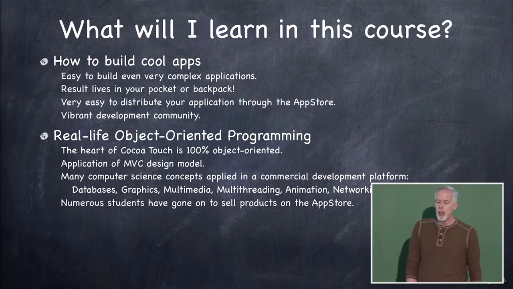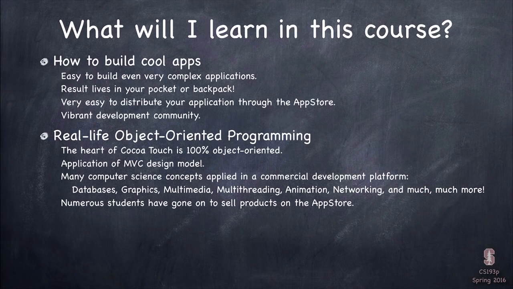That's why you're here. Another thing you're going to get out of this class is real-life object-oriented programming. iOS is entirely object-oriented in its design. All the writing of code you have to do is object-oriented programming. And you're really going to get the experience of building a real-world thing using object-oriented programming, which is a great programming paradigm.